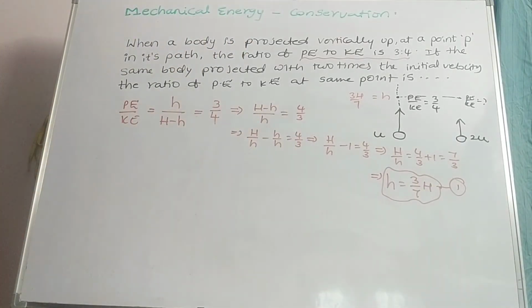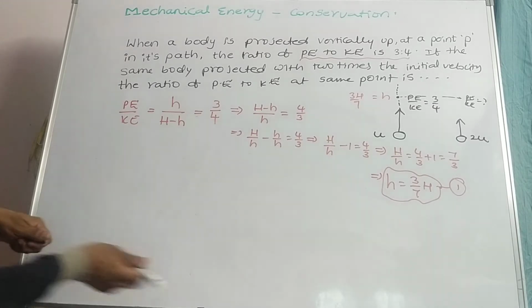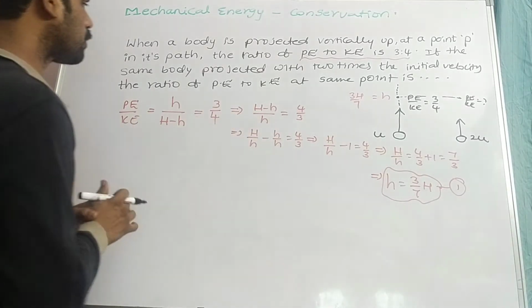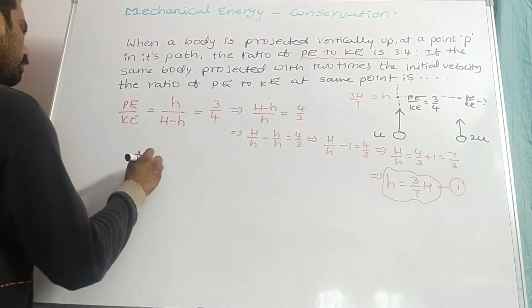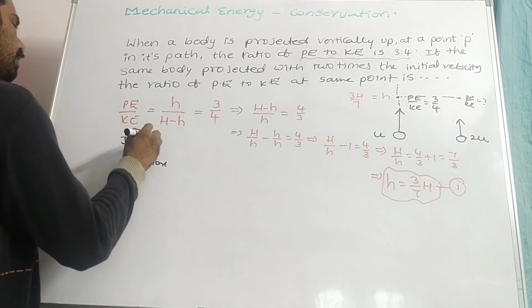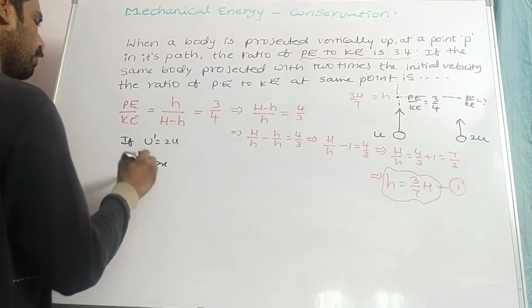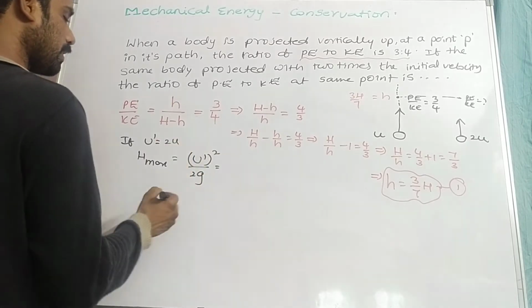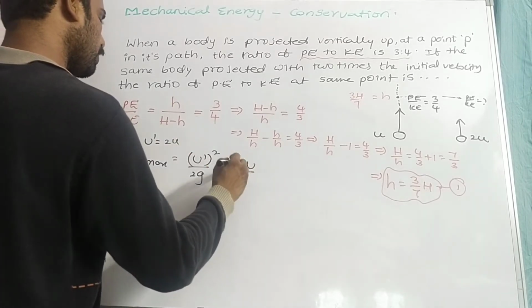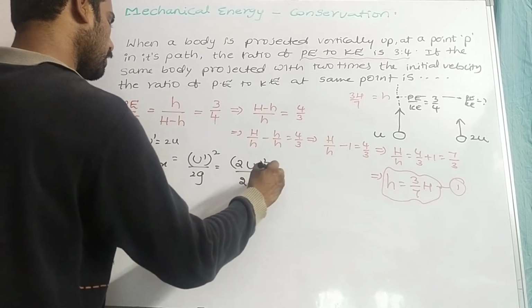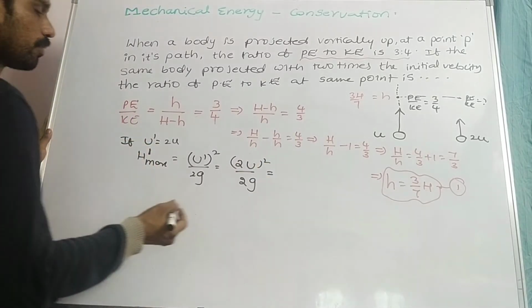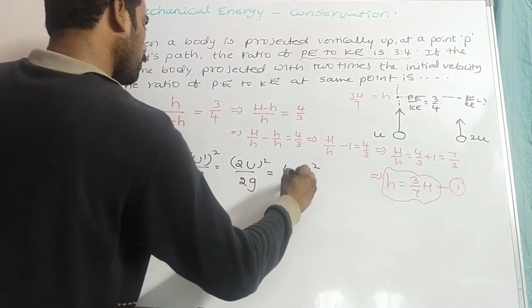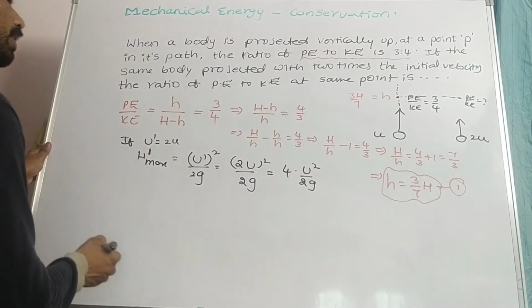Now, if it is projected with initial velocity 2u, what about H max? If the initial velocity u dash is equal to 2u, H max dash is equal to u dash squared by 2g, that can be written as (2u) whole square by 2g, that is 4 into u square by 2g.